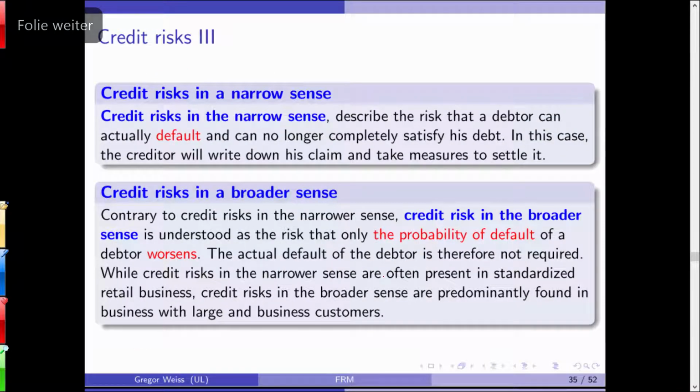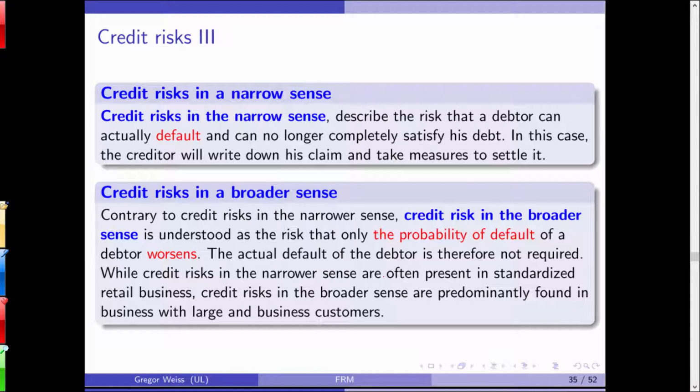Okay. Now it is important to see the following difference and to differentiate between credit risk in a narrow sense and credit risk in a broader sense. In German it's Kreditrisiken im weiteren und Kreditrisiken im engeren Sinne. The difference is the following. The first situation is that you have credit risk exposure to a creditor that can default, and if he or she defaults, your money is lost as a whole.